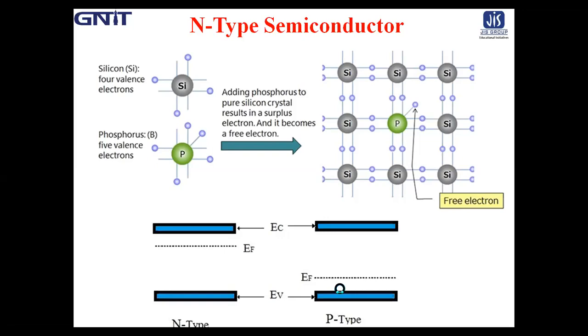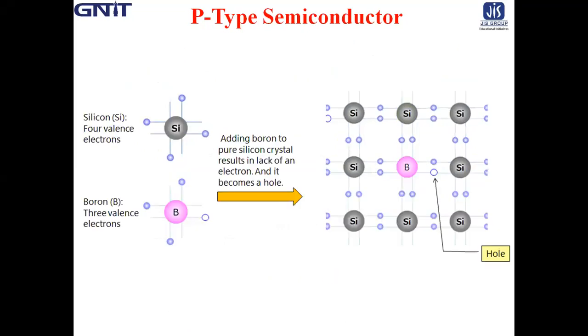So next is the p-type semiconductor. In the case of a p-type semiconductor, if a trivalent impurity, that means a group 3 element such as boron, is introduced as a substitutional impurity in tetravalent silicon, one covalent bond appears to be empty, because boron has 3 valence electrons.